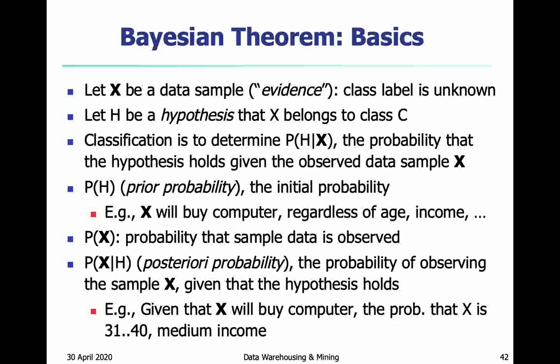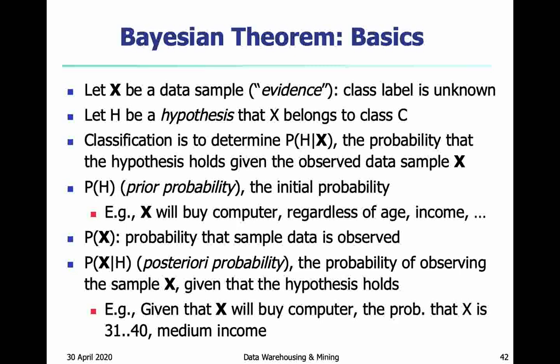So the posterior probability P(H|X) is based on more information than the prior probability, which is independent of X.